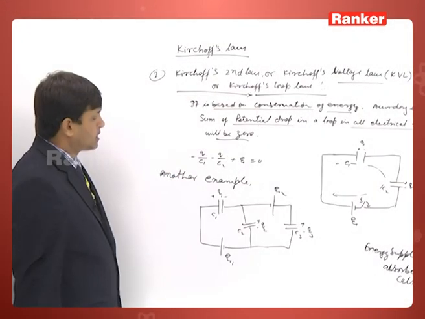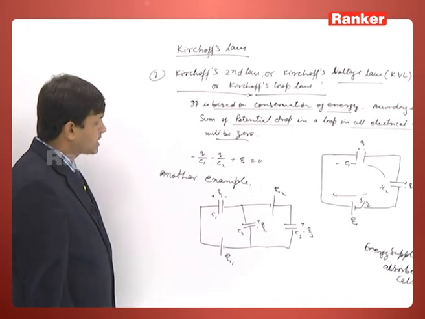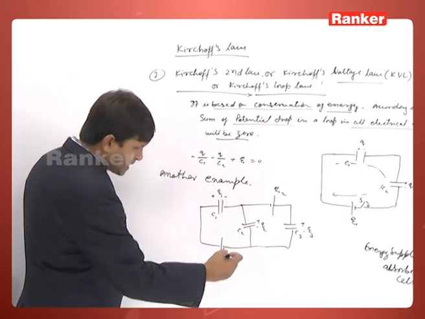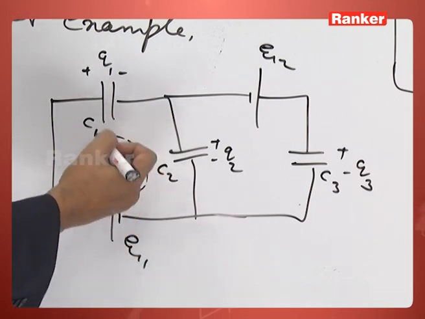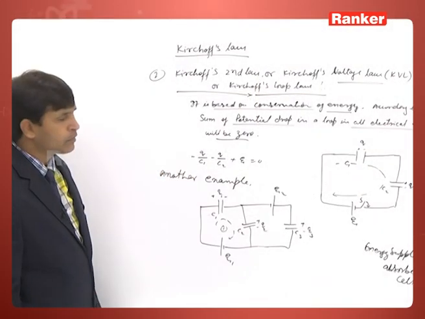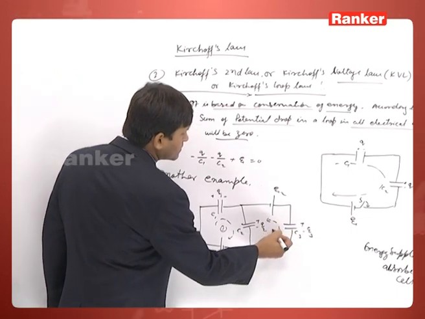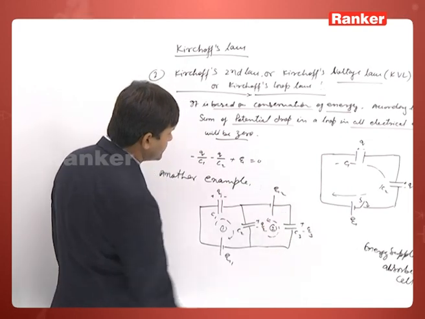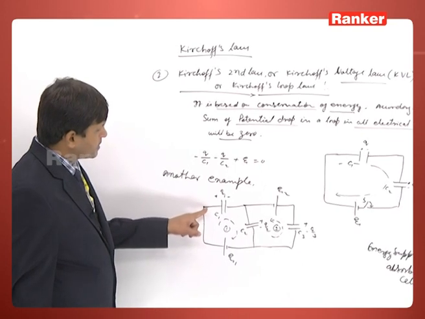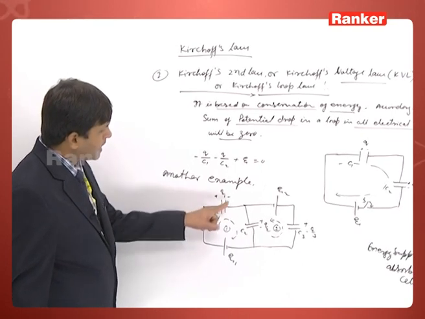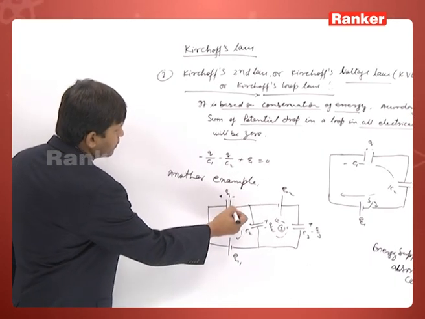Now if you want to use Kirchoff's second law here, you can first select a loop. If I select this as the first loop, first select the loop as well as the direction in which you want to go, and let this be your second loop. Now see, if we start from here and come back to the same place, I will go here first.